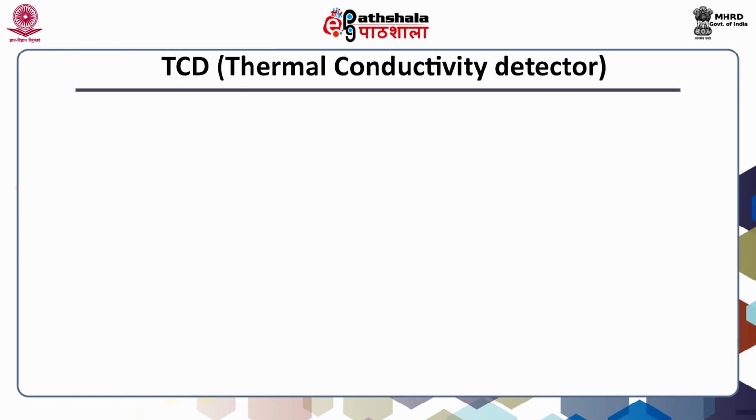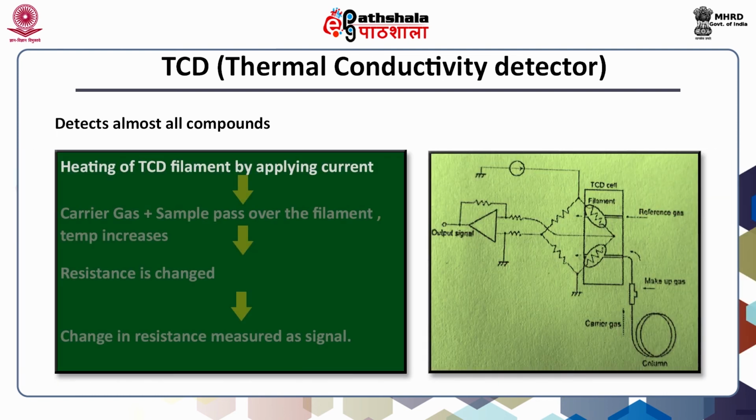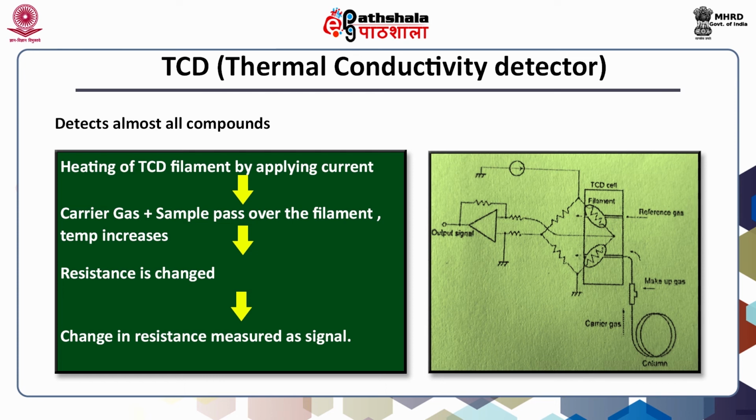The next one is the thermal conductivity detector. As its name indicates, it works on the principle of thermal conductivity. This detector is made up of 4 elements, as we can see in this slide, where we have shown the diagram of this detector. We have 4 filaments which are arranged in an electrical bridge network, and the carrier gas flows around these filaments through cavities.